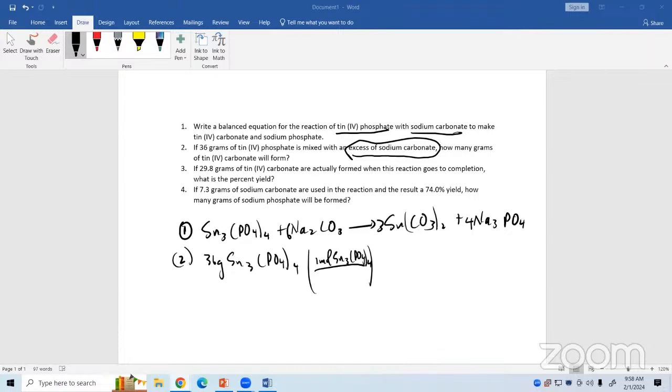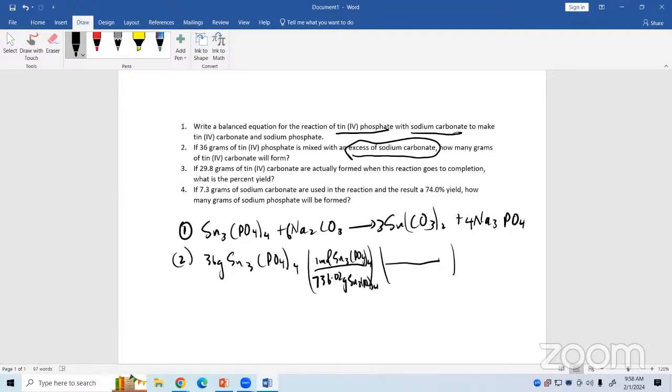Okay, so according to my calculations, this works out to be equal to 736.02 grams of Sn3(PO4)4.